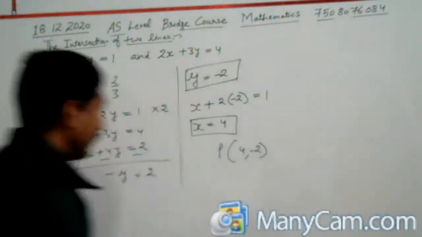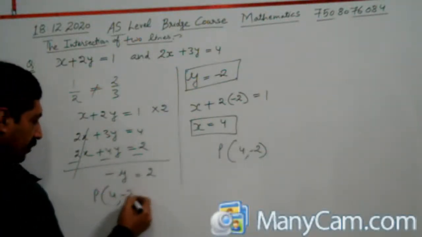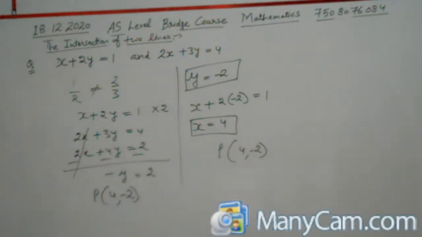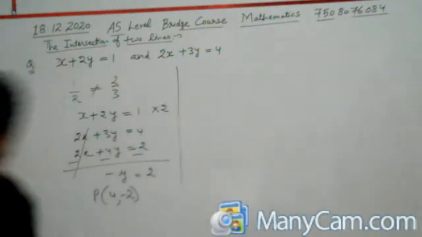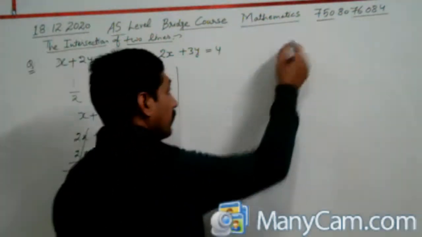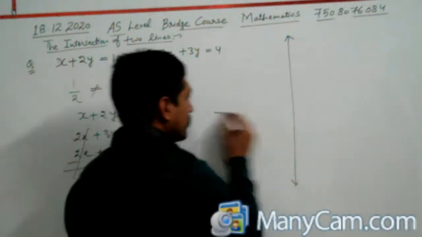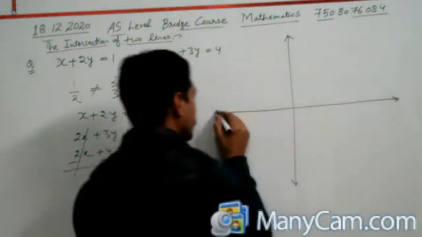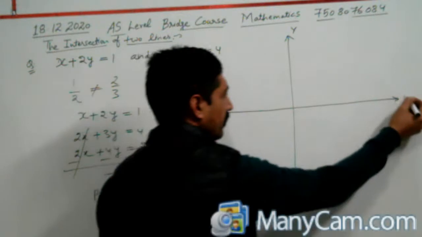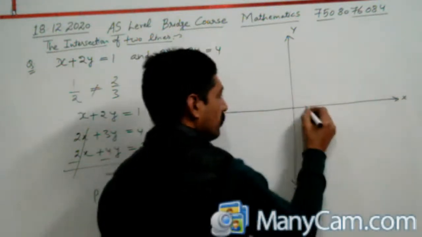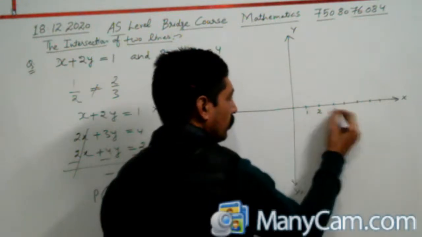On the xy plane, so what is the point? Point P is the point of intersection, and we can make it on the xy plane also, if we want to see. This is the y-axis, x-axis, x dash, y dash. So here the origin, 1, 2, 3, 4, 5, 6, 7, and so on.